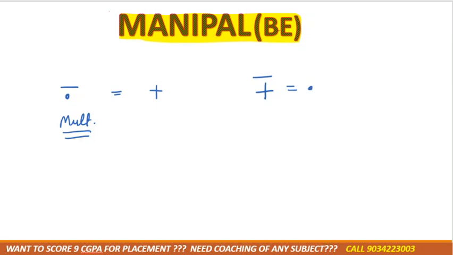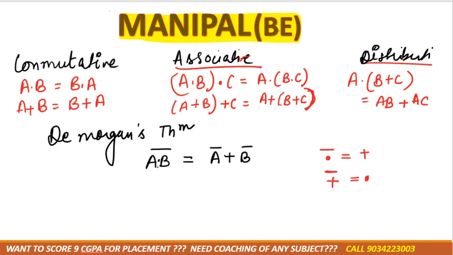Okay. So if we have, suppose, (A dot B) whole bar, then its answer is A bar plus B bar, right? Then we have the dot bar. If I write it separately, then we have B bar, correct? So the dot under the bar, we can represent it by the sign of plus, correct? Understood?